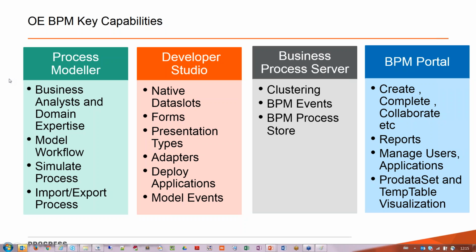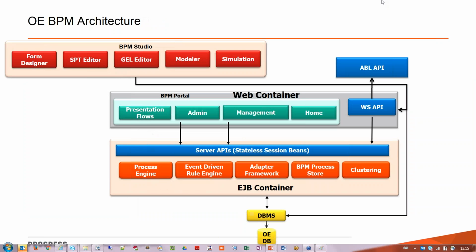And then proceeding further, just as a core architecture of our BPM product, this is how it looks. It's a studio interface, and then we have the servers. We have the portal server and the EJB server. Whatever BPM process we deploy from the studio gets accessed through the web service layer.